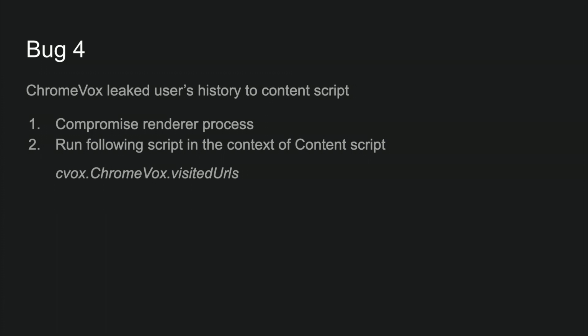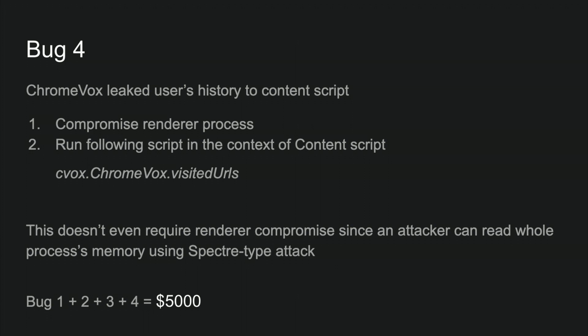So they have your latest 25 visited history entries inside the render process, which means you don't even need a bug, because you have a Spectre-type attack where you can read same-process data. Because it's the same process, it's already there, so you just need to find it. So without a bug you can read user history, and it's not patched, basically.